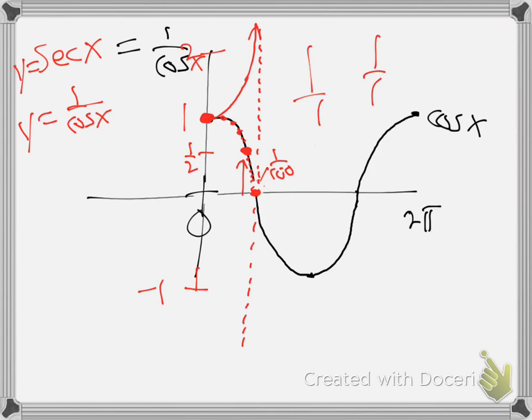Where cosine is 0, secant's undefined, because secant's 1 over cosine, 1 over 0, right? You can't have 0 in the bottom of a fraction. That's where our vertical asymptote is, which is where? Pi over 2, because this is pi halfway. This is 2 pi here. Remember I promised you secant and tangent, the non-cos, are going to be at pi over 2, and it's also over here. If we did the other part, it's at negative pi over 2.